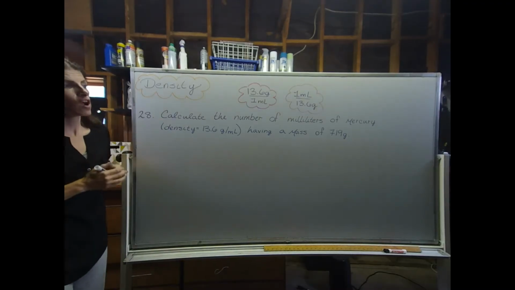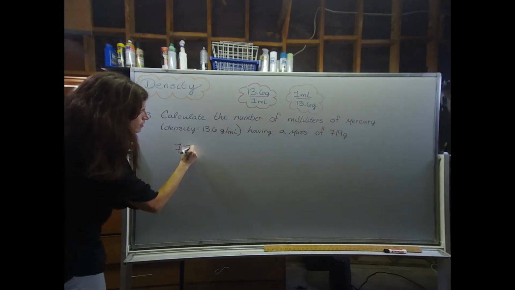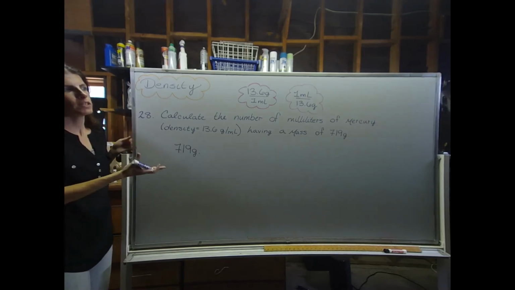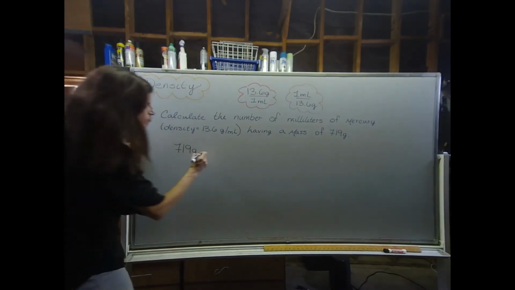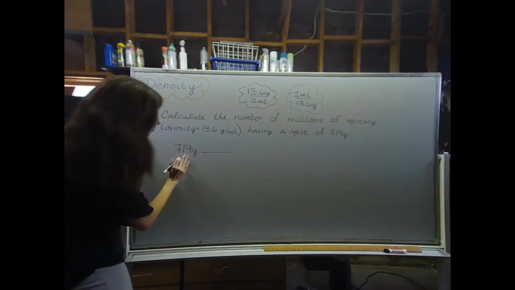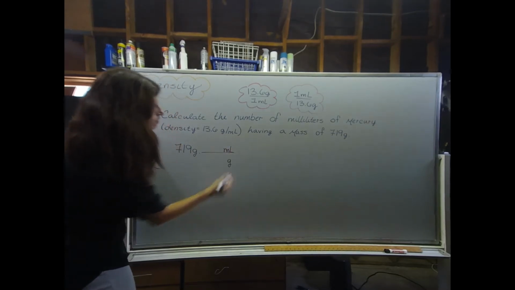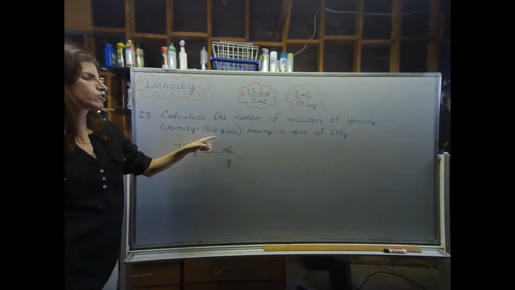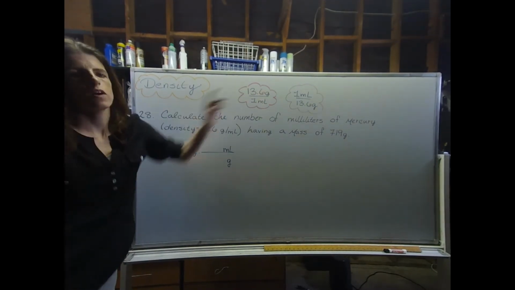So I'm going to start with my mass, my standalone number, 719 grams. I'm asked to calculate the volume in milliliters of a 719 gram sample of mercury. So I want to get rid of grams and go to milliliters. Up here, I set up my 2 versions of my density conversion factor. The first one is direct, and the second one is the flipped version.